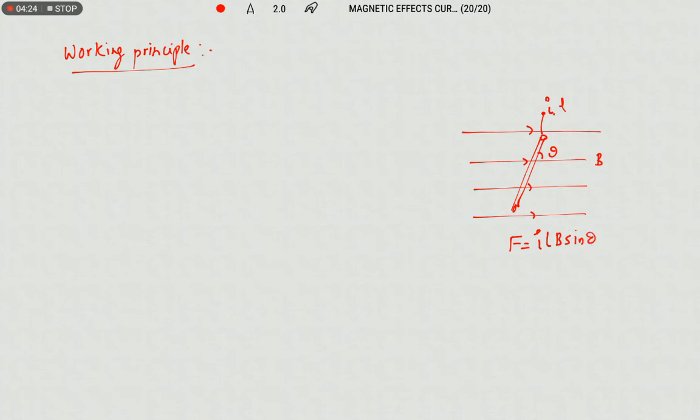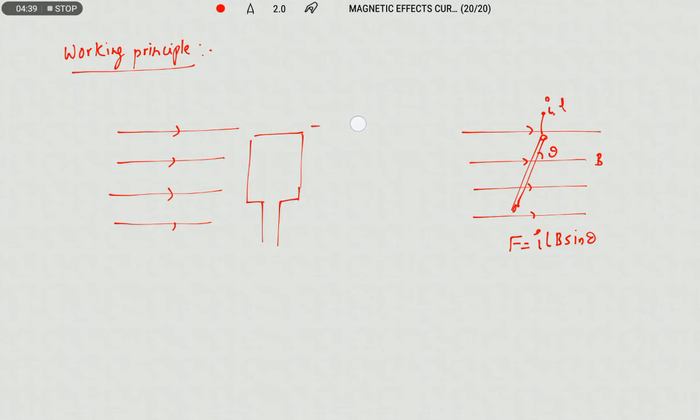So instead of a straight conductor, I am taking the current carrying conductor in the form of a coil. When I place a coil in a magnetic field, what happens?